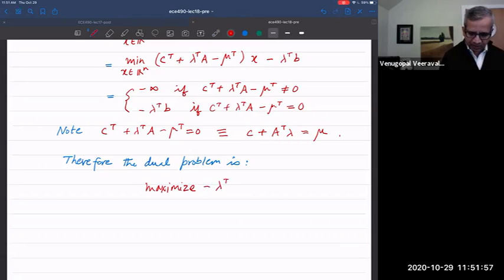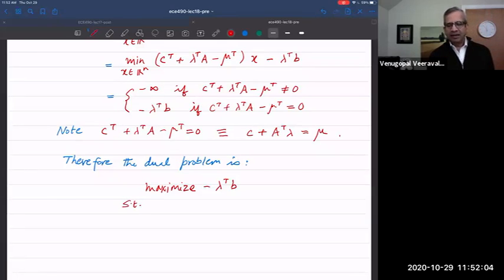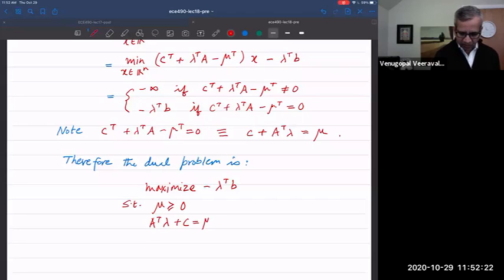Lambda doesn't have any other constraints on it, but mu has to be non-negative, each of the components of mu. And we have the equality constraint on lambda, plus C equal to mu.